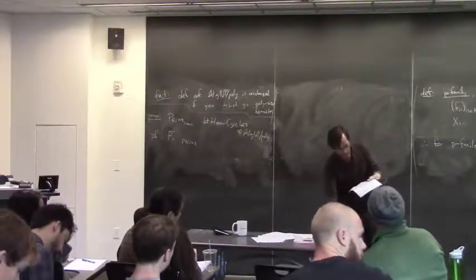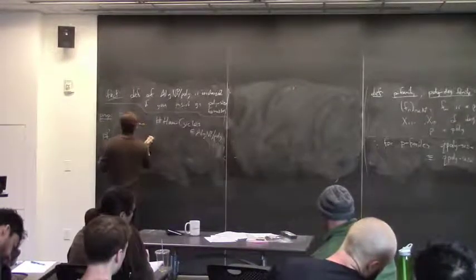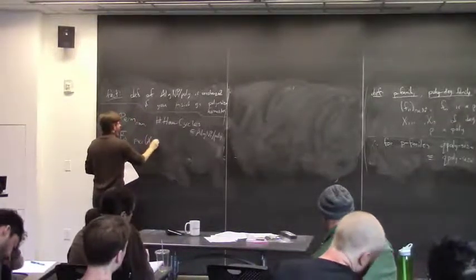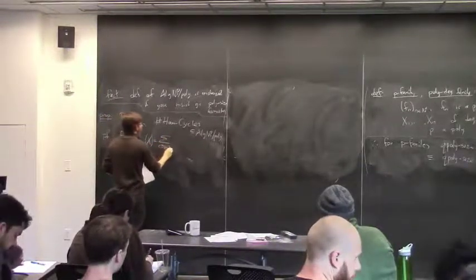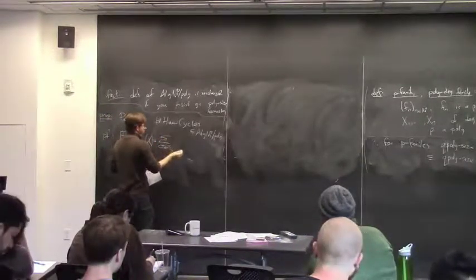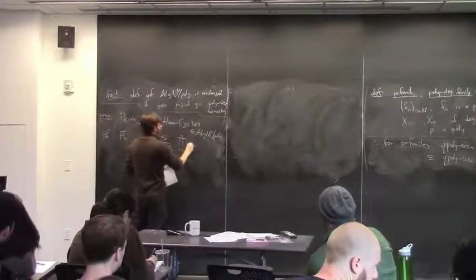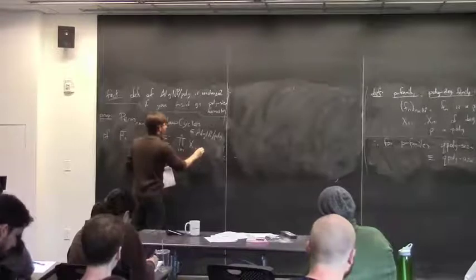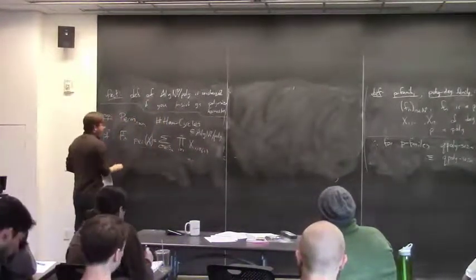Okay, so I'll write an expression for the permanent, and then you might see where I'm going with this. For the permanent, the definition is the sum over all permutations, there's no sign, of the product i equals 1 to n of x i sigma i. And let me write this like this.